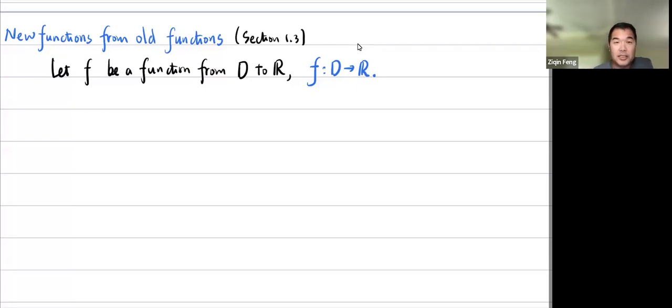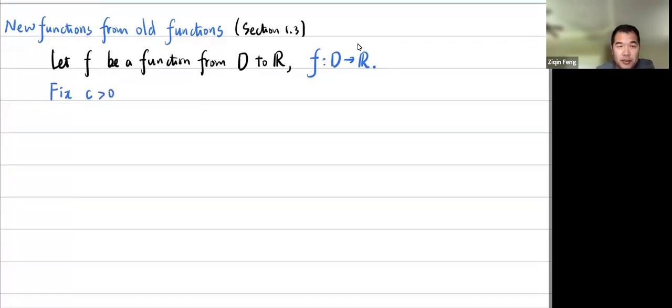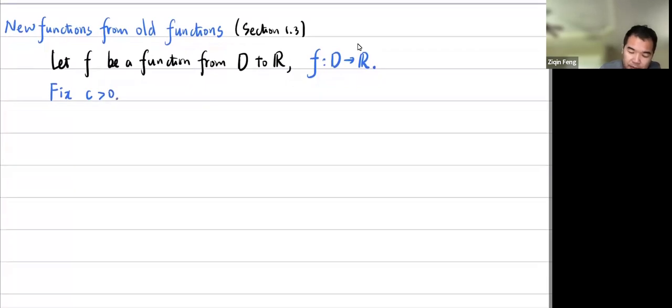Let's start with an easy way to generate new functions: shifting. Fix c to be a constant, c is positive. We can define new functions, for example, y equals f of x plus c. That is a new function; the function value is increased by c.